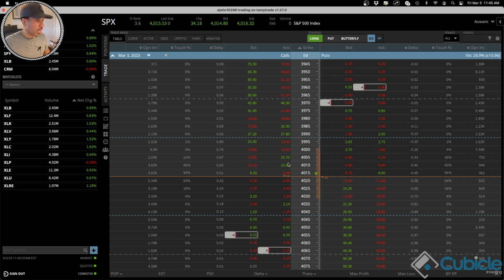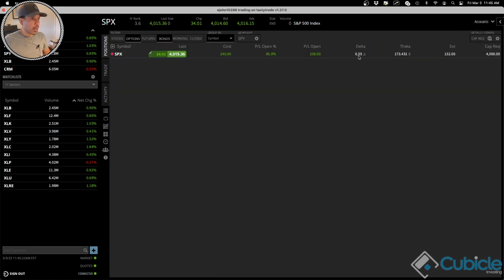The price of the underlying is right smack in the middle of the spread on the put side and also the spread on the call side, which is the reason why you see the delta basically at zero. And that's where you want to be. You want your delta to be as close to zero as possible, because it conveys that your position is neutral.